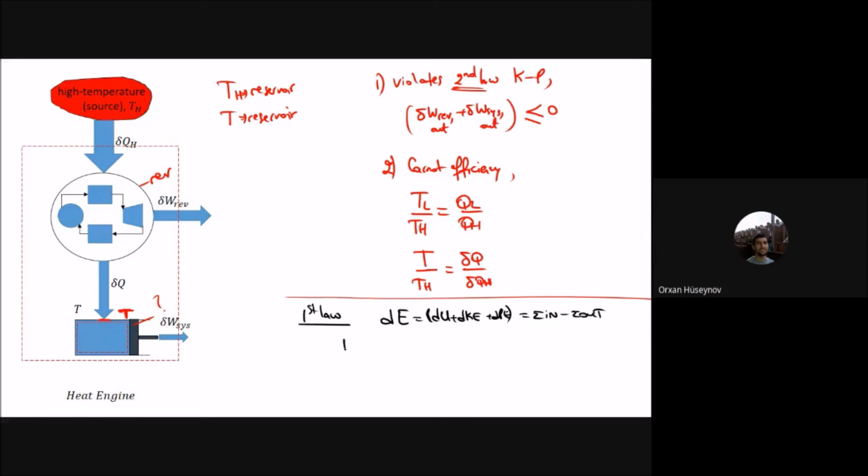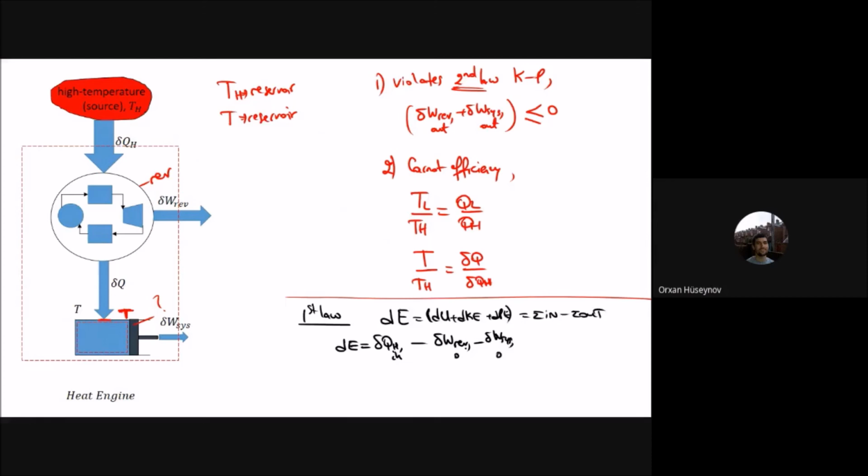So dE is equal to del QH, which is the in, minus the work, which is del work reversible out, minus del work system out.